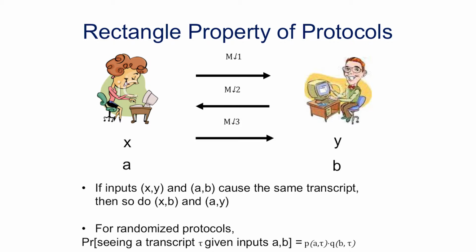It's a function P of the input A and the transcript tau times a function Q of the input B and the transcript tau. So this is a product property, where these functions take values between 0 and 1. In the case of deterministic protocols, this would give you a rectangle.